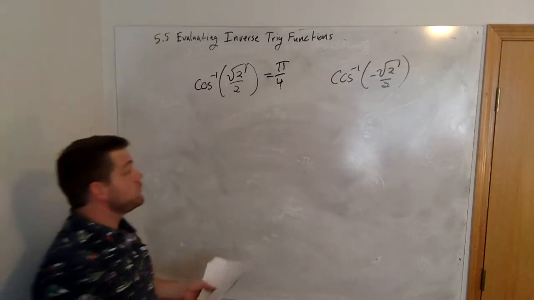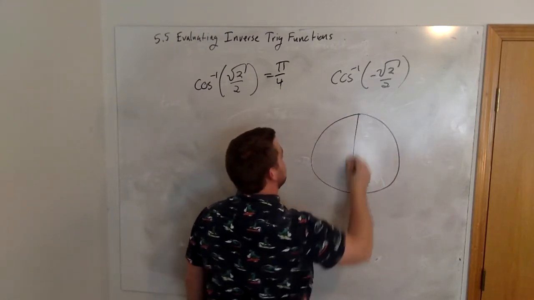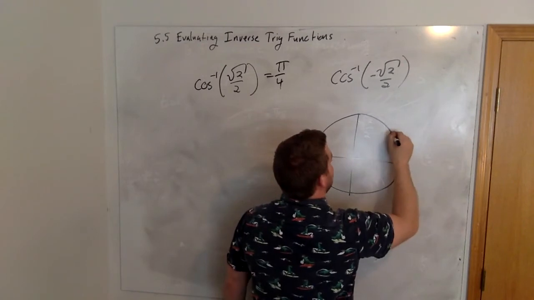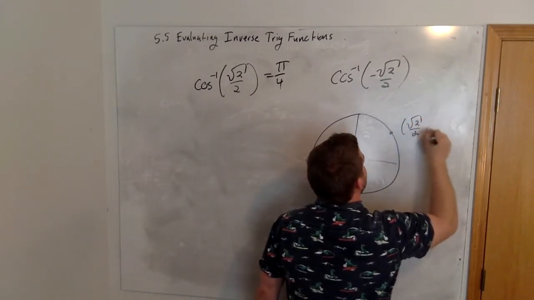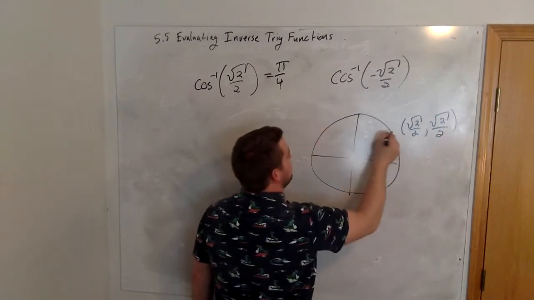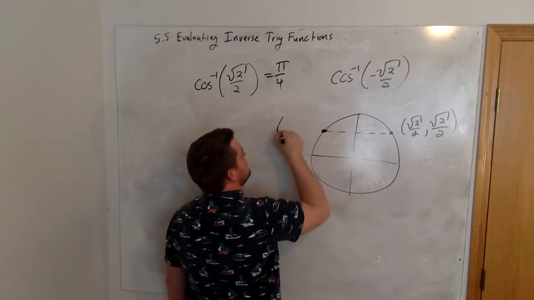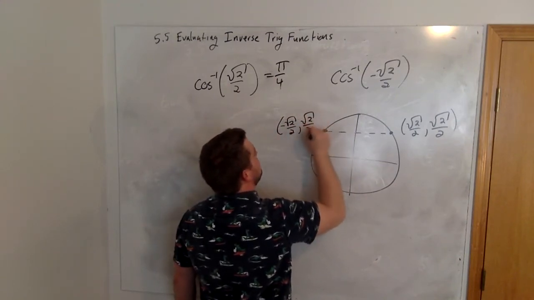What about at negative root 2 over 2? We need to be a little bit careful here. I might want to draw the unit circle. Okay. I know right here, this is where we have coordinates of root 2 over 2 and root 2 over 2, but I need a negative x coordinate, so that's going to be over here. So this is negative root 2 over 2 and root 2 over 2.